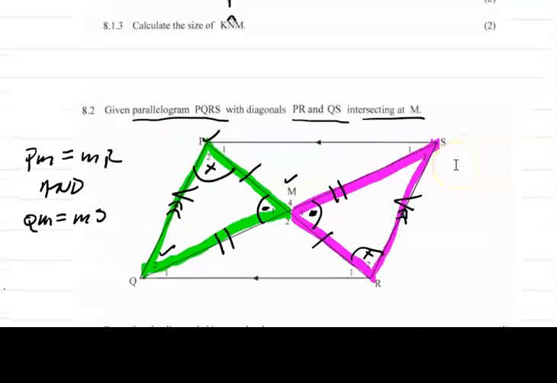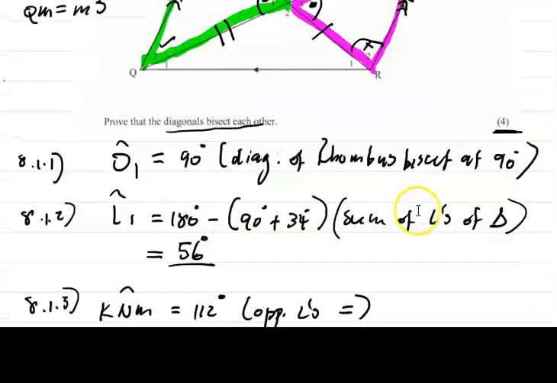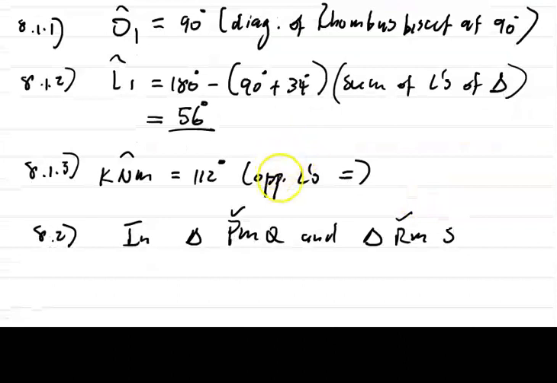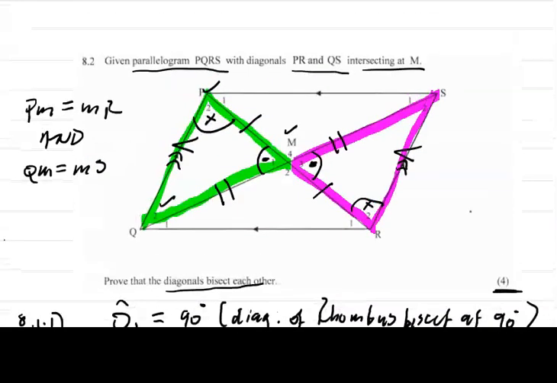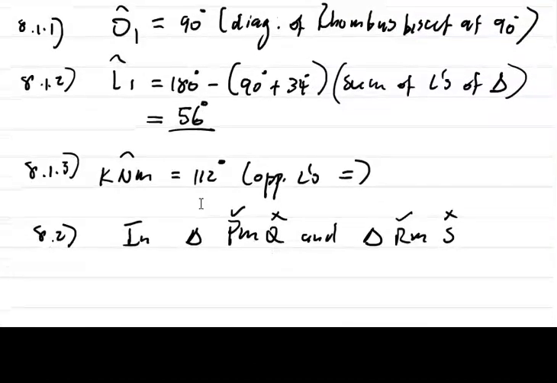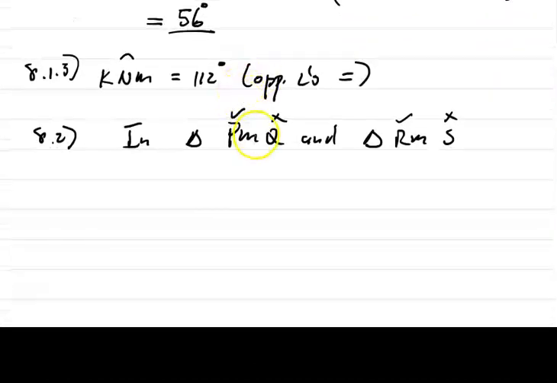M1 equals M2. And what else we got here? And what about Q and S? Yep, Q and S will be equal to each other. We put a tick there. Alternate angles. Okay, so we're all good. So naming of the triangles is quite important as well. I use these ticks and crosses and circles just to visually see it.